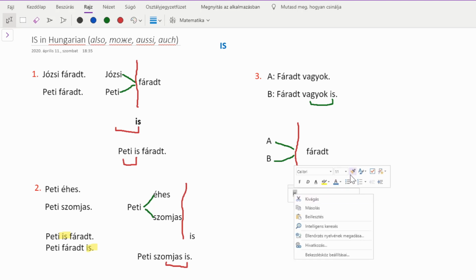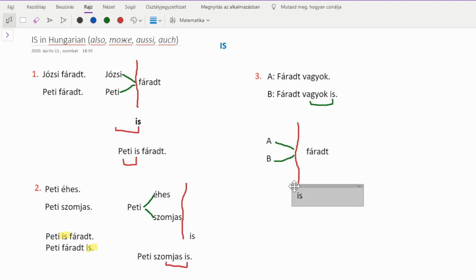Right here. But there's one big problem. There is no personal pronoun here, no name here, because in the Hungarian language it is very natural to express an idea, to express an activity without using a personal pronoun, or without using a name in the sentence.